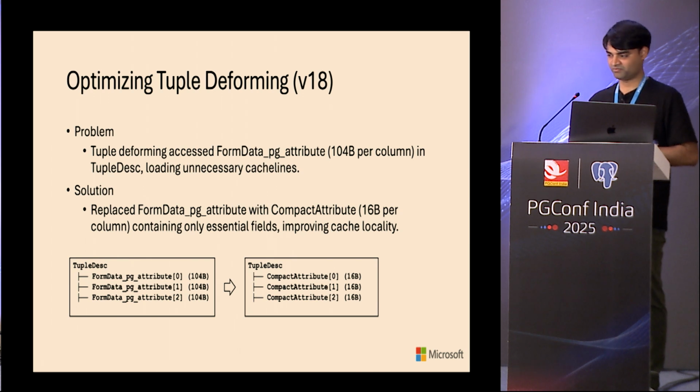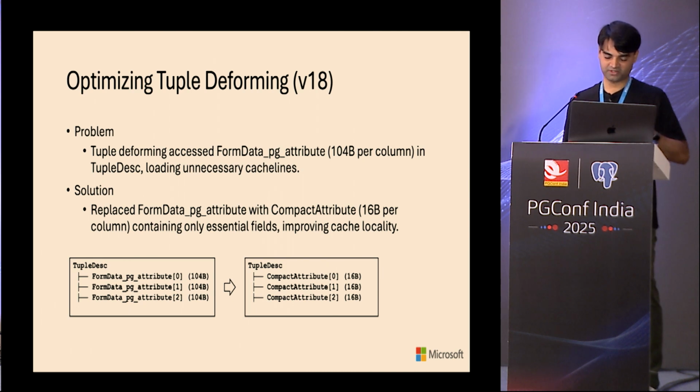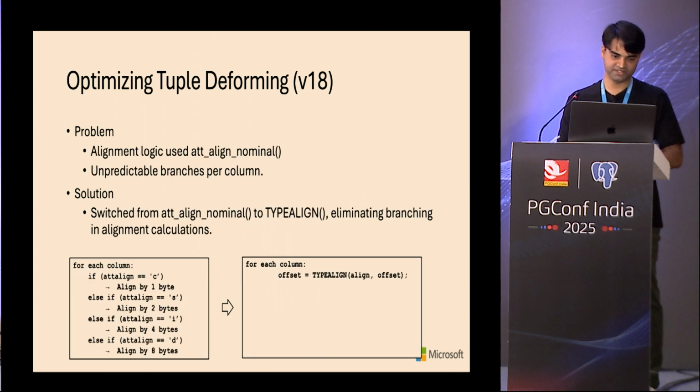So the deforming code was going to memory more than it actually should have. So what David did is he replaced the PG attribute struct with a compact attribute struct, which is 16 bytes. So now you're able to fit 4 columns' information in one cache line. And yeah, that led to a significant improvement in cache locality.